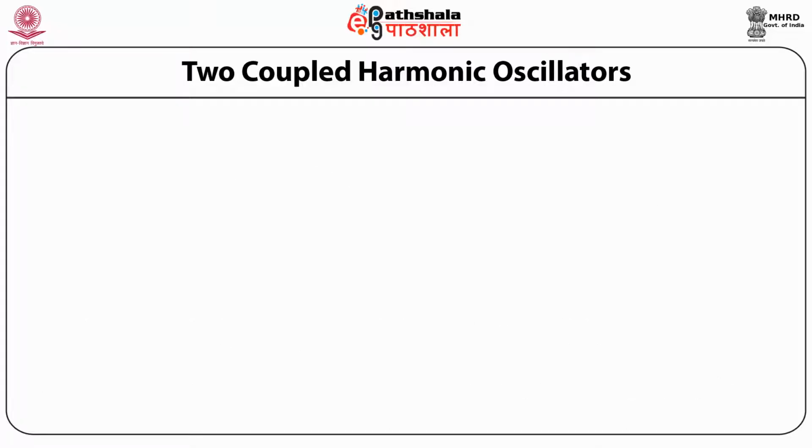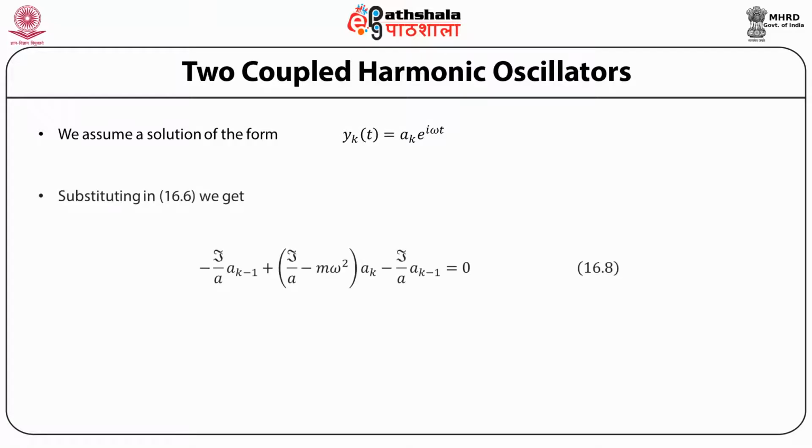Now, having obtained the Lagrangian equations of motion, let us try to solve them. So let us assume a solution of the form y k is a k e to the power i omega t. Substituting this in the equation, we get minus T by a a k minus 1 plus (2T by a minus m omega square) into a k minus T by a a k plus 1 is equal to 0.